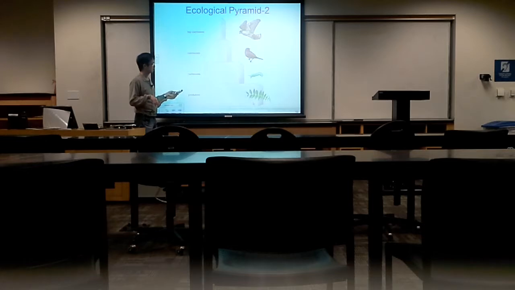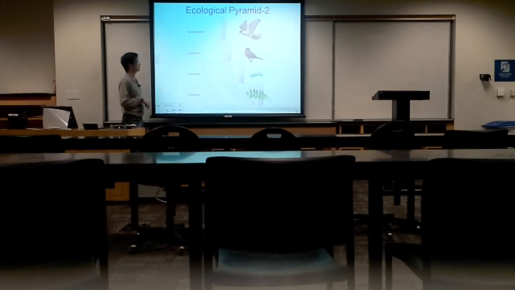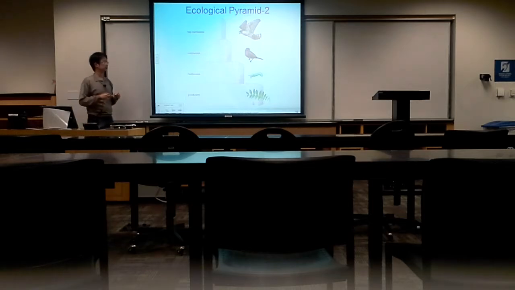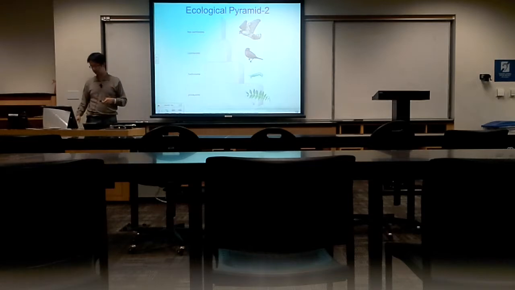Then approximately 10% of the energy is transferred from producer to herbivores, another 10% from herbivore to carnivore, and then 10% from carnivore to the top carnivores. So that's why energy is lost on each trophic level. And that's why vegetarians like to eat producers, because they have the most amount of energy.